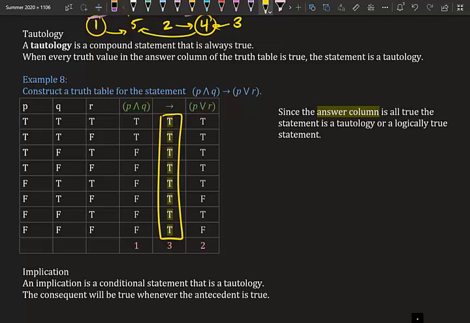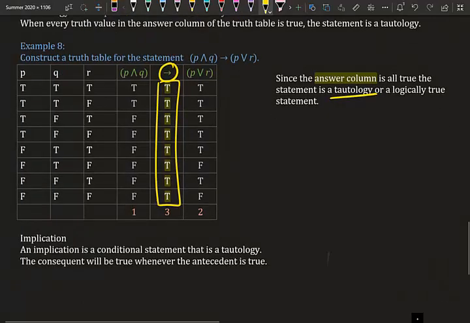Then we have P or R, no negation, so it gets its own column. So we do P and Q, so true, true, false, false, false, false, false, false. Then P or R, we bring it together, and we get all true. Since the answer column is all true, it is a tautology, or also known as a logically true statement.